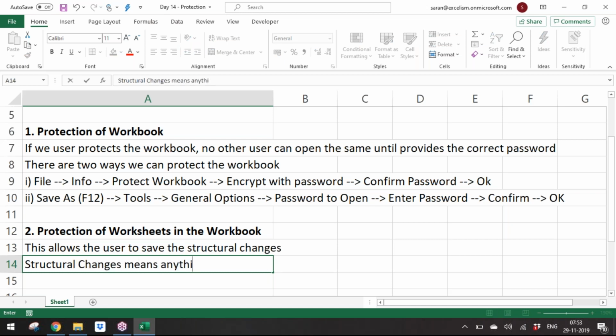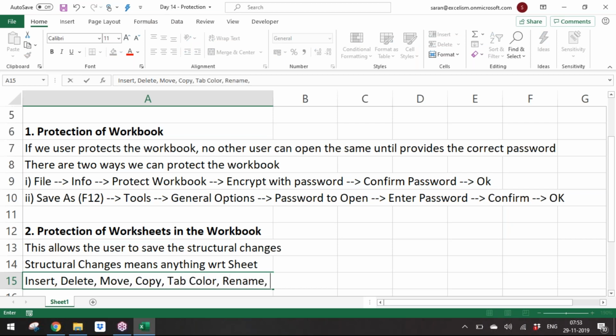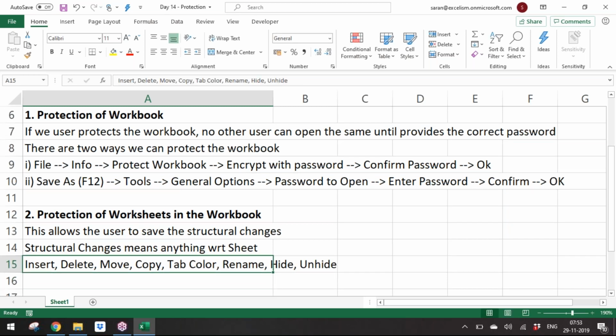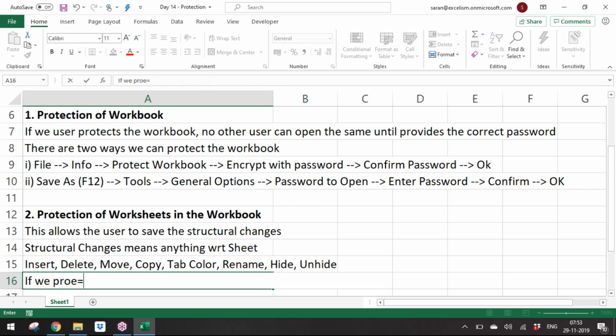What activities can the user basically do with respect to a sheet? He can insert the sheet, delete the sheet, move the sheet, copy the sheet, change the tab color, rename the sheet, hide the sheet, unhide the sheet. If you do anything with respect to this, that means the user is making structural changes.